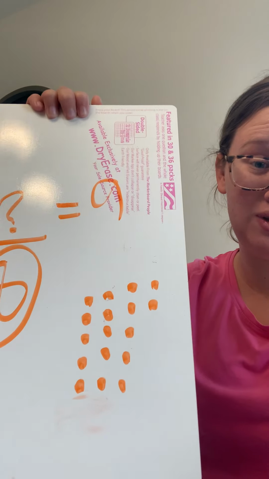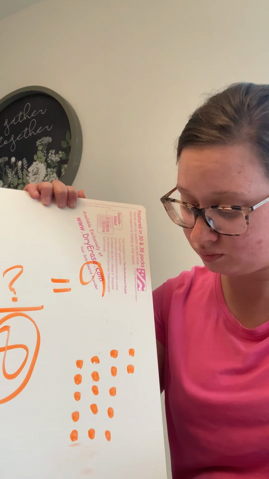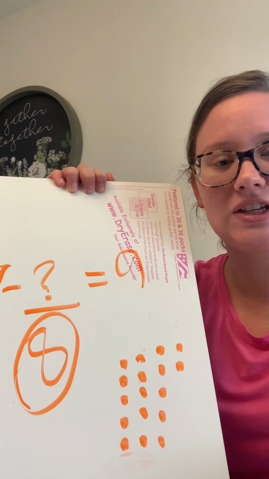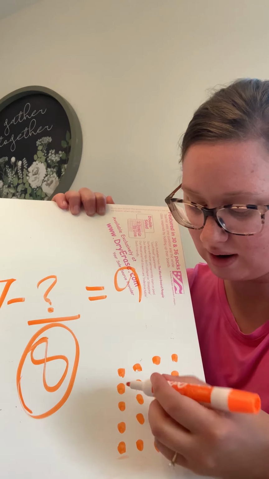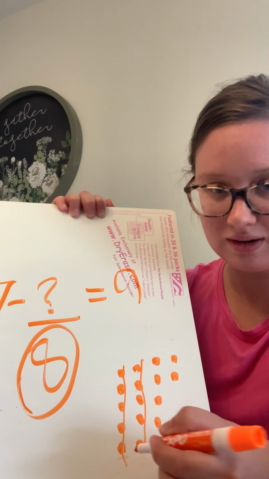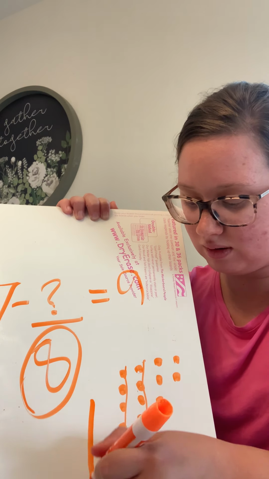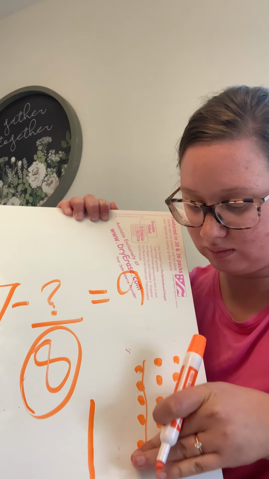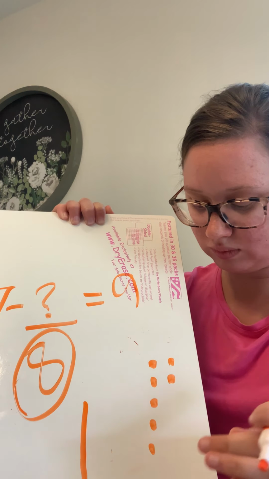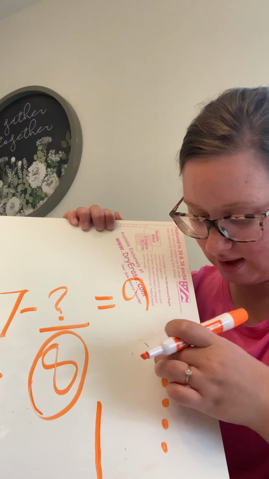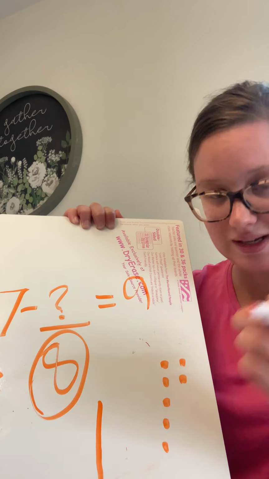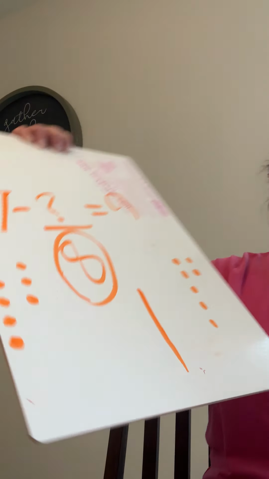And that's a lot of units. So what I can do is I can actually exchange these units for a rod. So here's 10. That's going to be 1 rod. So 10, 11, 12, 13, 14, 15, 16, 17. We got 17.